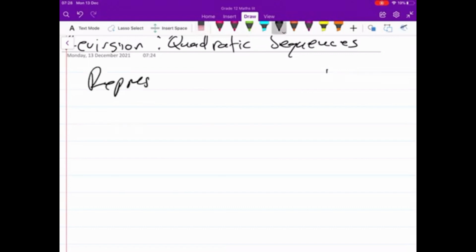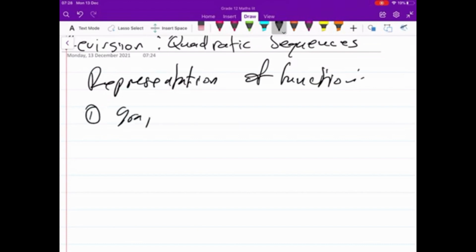So, representations of functions. A function can be represented as a graph. We did not find time to do trig graphs, so we only learned about your linear function.